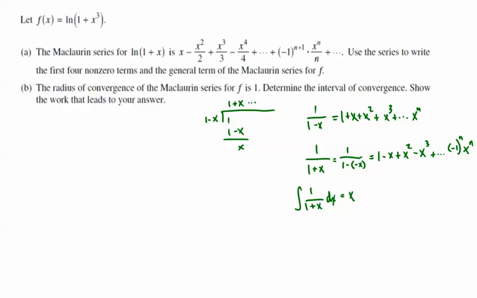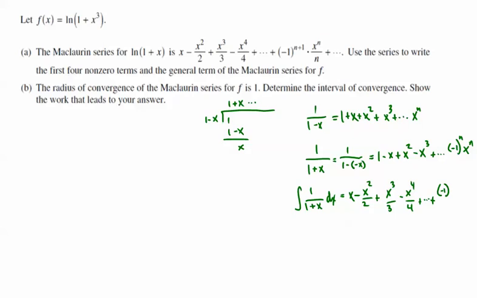That would be x minus x squared over 2 plus x to the third over 3 minus x to the fourth over 4, etc. This is the one you might recall that starts off at 1, and probably for convenience sake, since if we started at 1, this would just be negative 1.